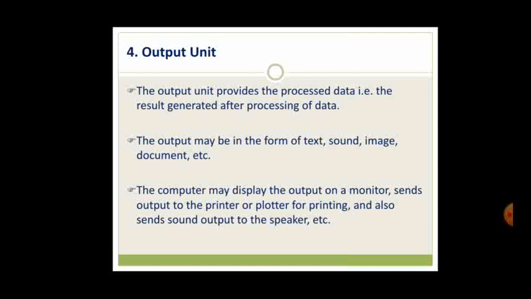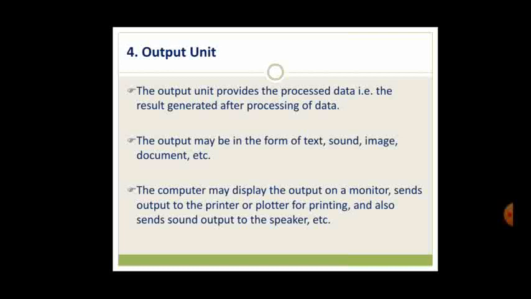Now the output unit. The output unit provides the processed data, that is the result generated after processing. Once the data is given to the input unit, the input unit sends the data for processing. After processing, the data is stored in the storage unit. After storage, the data is given to either a monitor or printer or projector, based on the output devices available.